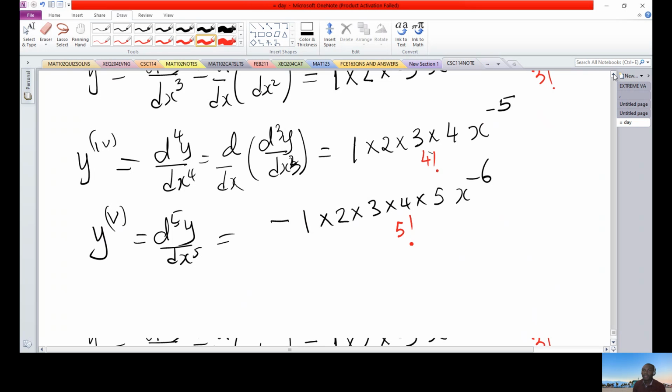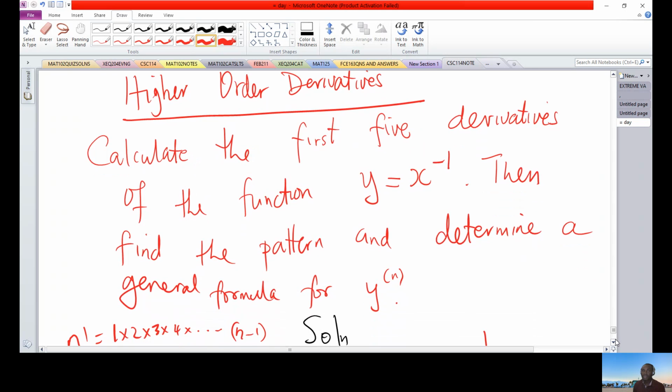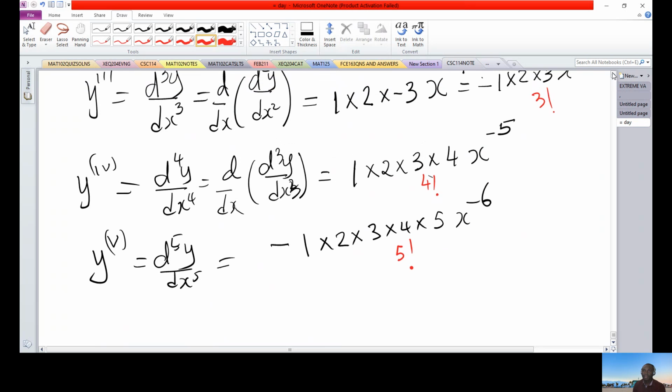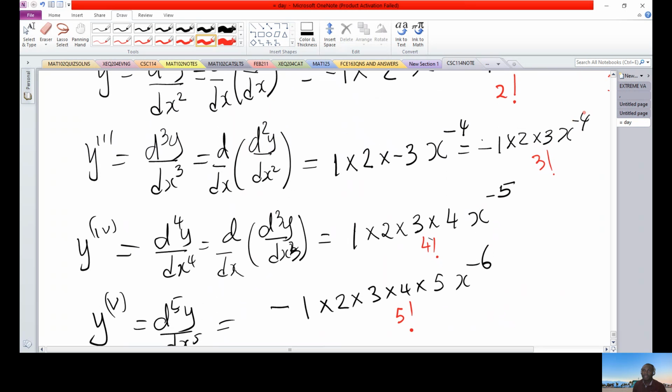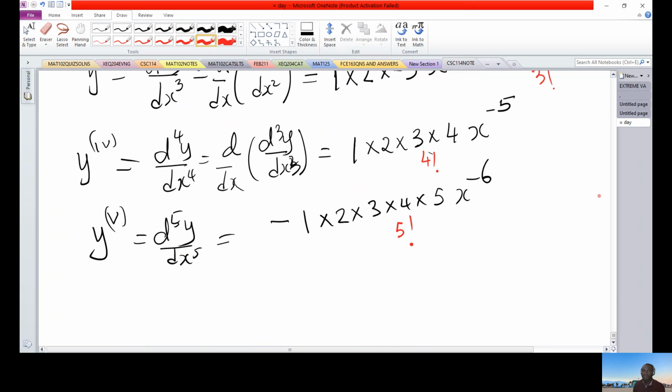Now, if you see the relationship between those coefficients and the powers of x: 5 with 6, 4 with 5, 3 with 4, and 2 with 3.